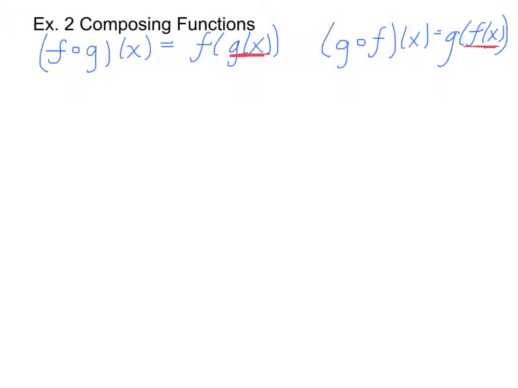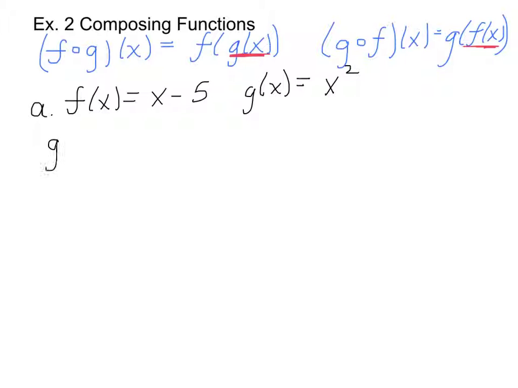So let's say we had this problem. And f of x was x minus 5. And g of x was x squared. And let's say they want us to do g composite f. So when you rewrite that, it'll look like this: g of f of negative 3.